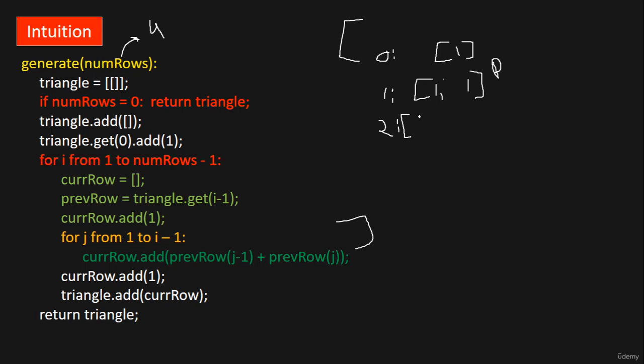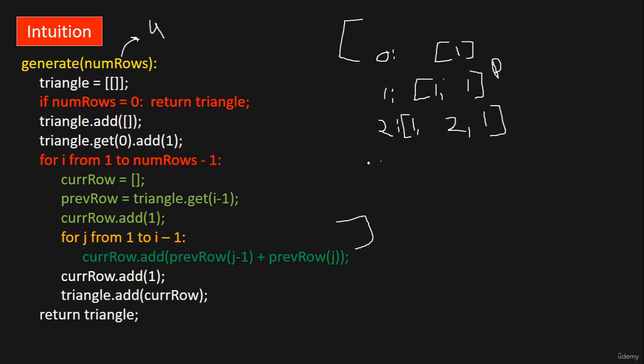So inside here first we have inserted 1 by this statement, currentRow.add(1). And then here we have to generate the value at this index 1 for this inner loop, okay? So we will find out the value at index j-1 and the value at index j. So here we will get 2 and here at the end we'll insert 1 right over here. So we generated this row at index 2.